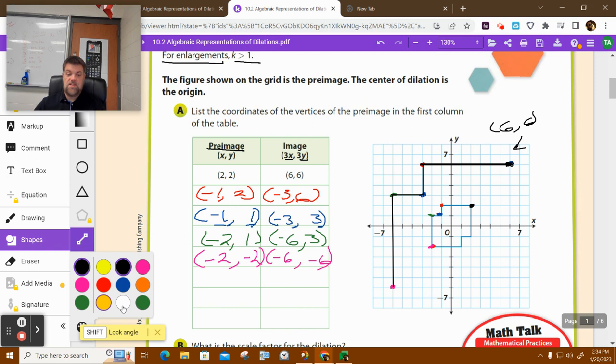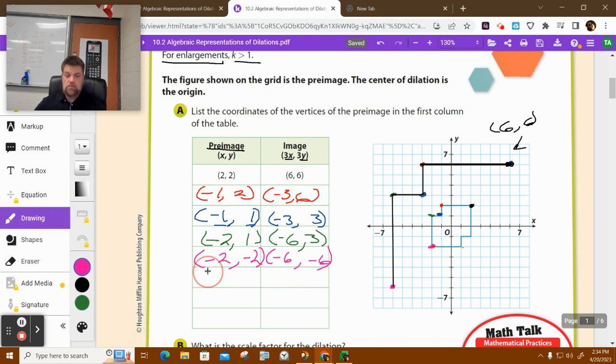So then the next thing I'm going to do is I'm going to plot this point here. That point is what? This point here? What is that point? 1, comma, -2. What's the transformed point?